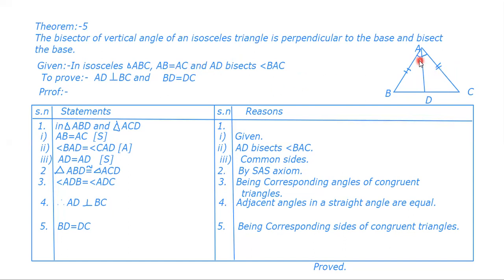These two angles are equal. Now you have to prove that this AD is perpendicular to BC. For that, we will take these two triangles ABD and ACD. First of all, we will try to prove they are congruent.